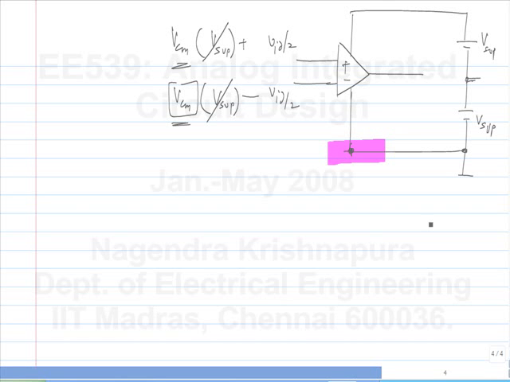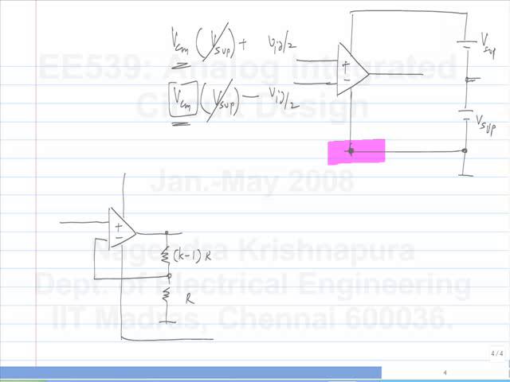So let's take the amplifier we had. This is an amplifier of gain K, and this is again the classical picture of the op-amp amplifier.